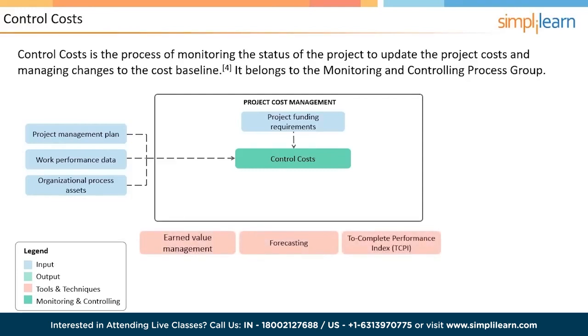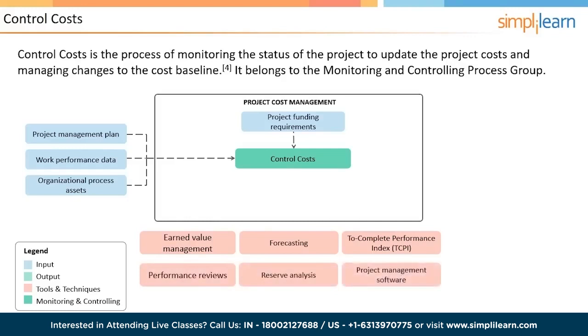Other important aspects of controlling costs are to review the performance, analyze the reserves to make sure the project has enough budgetary reserves to meet the expenses, and use project management software, which helps in tracking and managing costs.